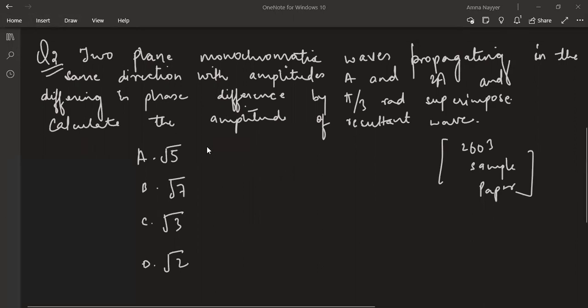So you have to use the resultant. Yes, that equation only which you are mentioning. Amplitude of resultant wave. Resultant wave's equation is there, which I think I had shown you also just now. So that equation you will use, you will get your answer in one single line because the values of amplitudes are given, A and 2A.